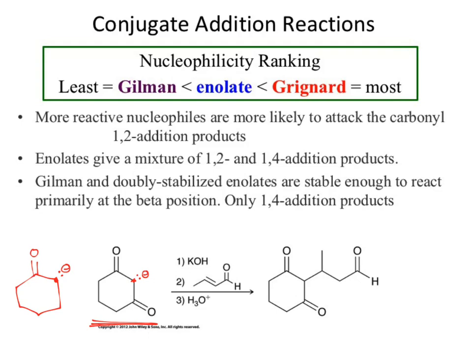The more stable it becomes, the less likely it would react, meaning when I now mix it with this species, step 2, what am I going to get? 1,2 or 1,4? I prefer the 1,4. I don't have to worry about the 1,2. Whereas if I started with the initial enolate, this first one is now a mix, 1,2 and 1,4. Why is the next one only 1,4?